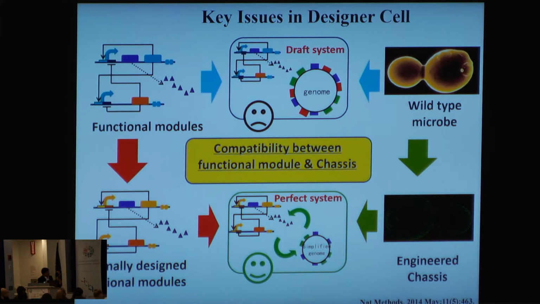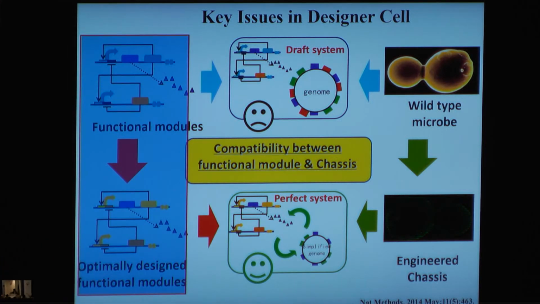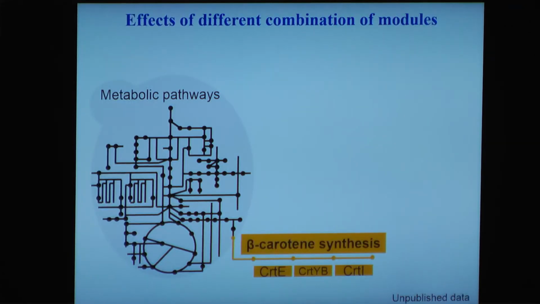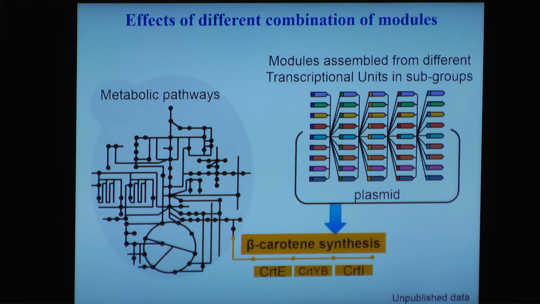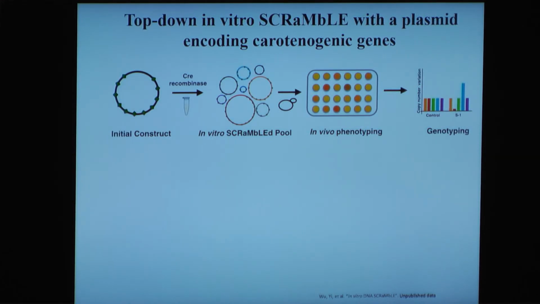And this raises the question, can we have a method to optimize the functional modules? In fact, we need different combinations of these modules. So we developed a so-called in vitro scramble system.